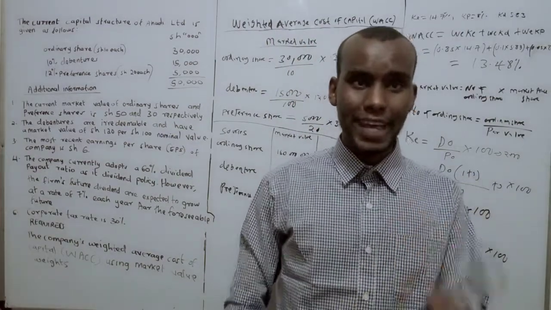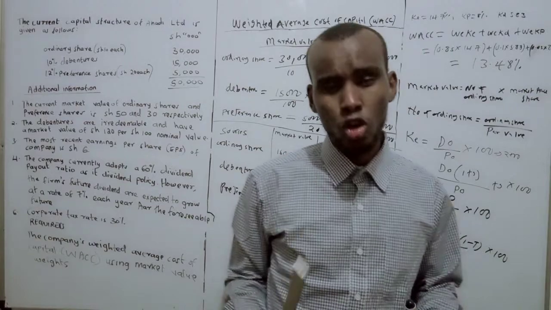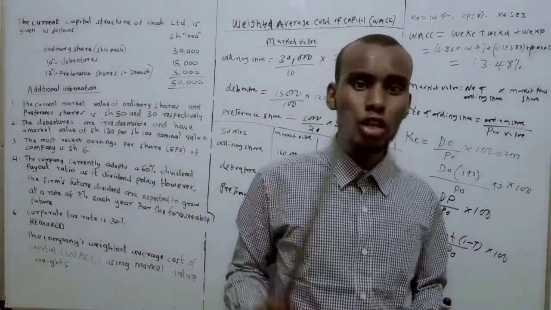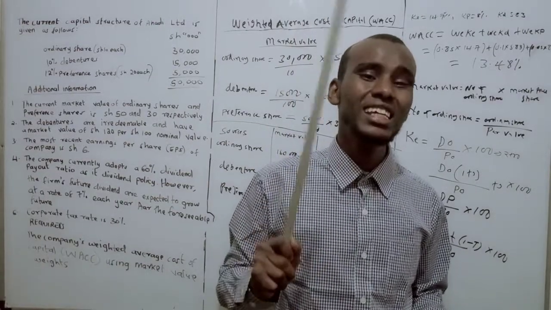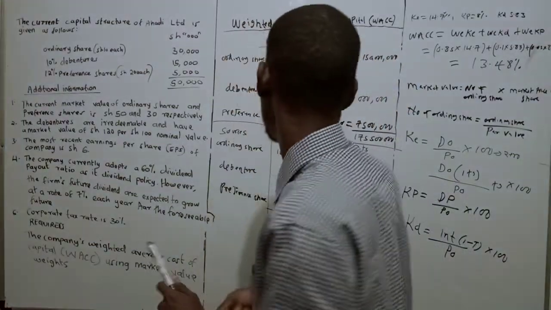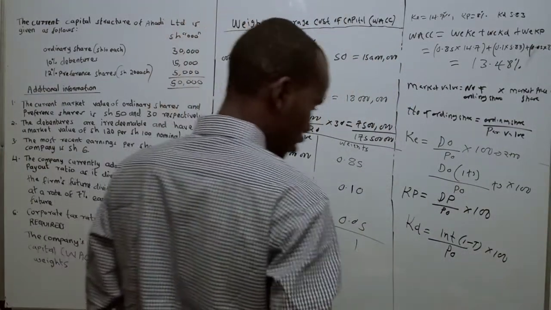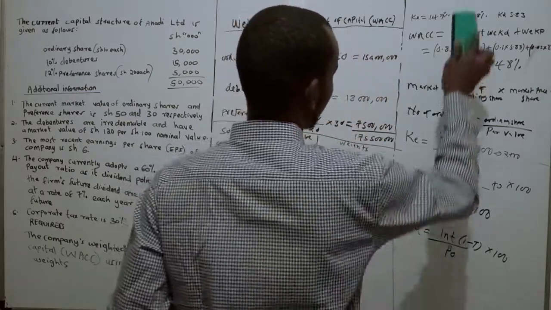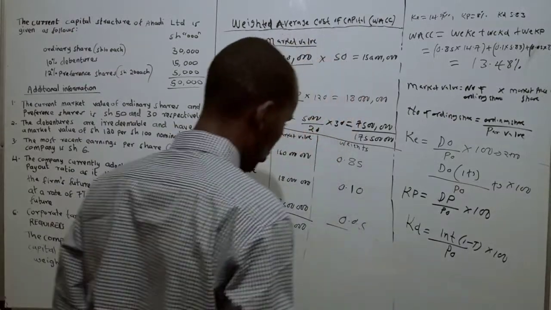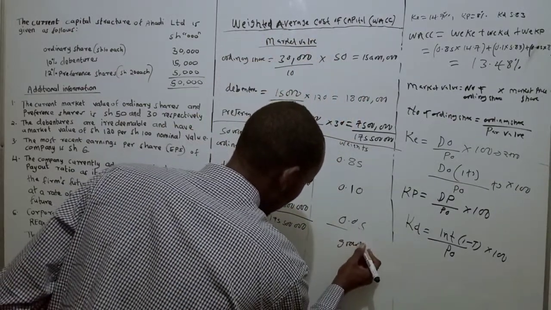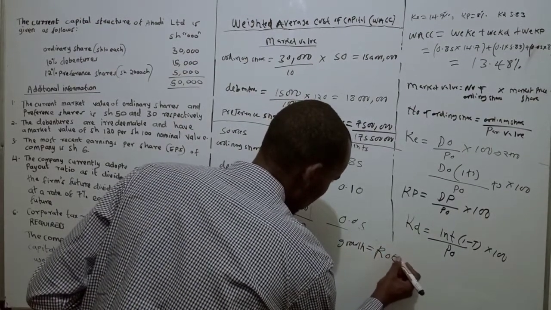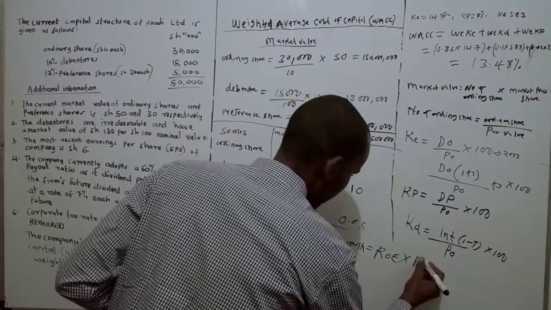the debt. Remember, sometimes growth may not be given. For our case, we are told the growth was 7%. There are some instances whereby the growth is not given. If that is the case, for you to get the growth, we normally take the return on equity, which is ROE, times retention rate.